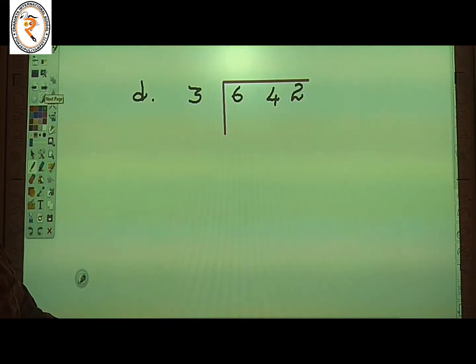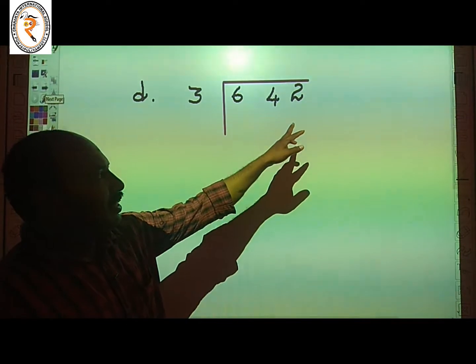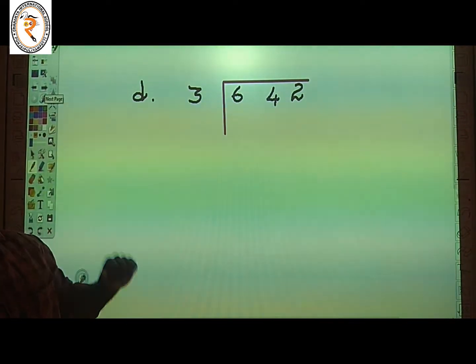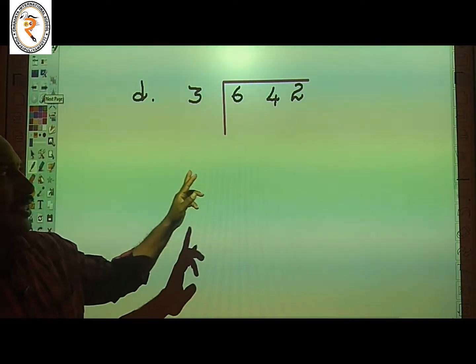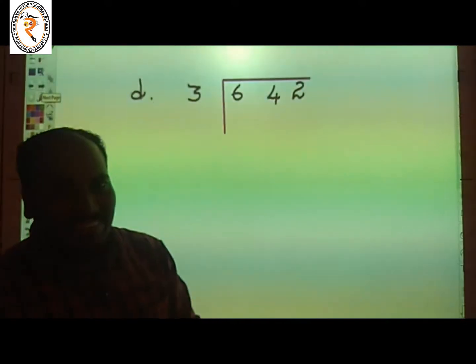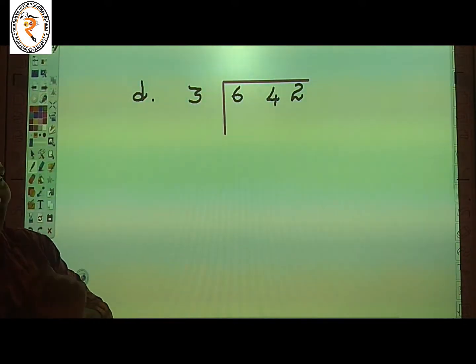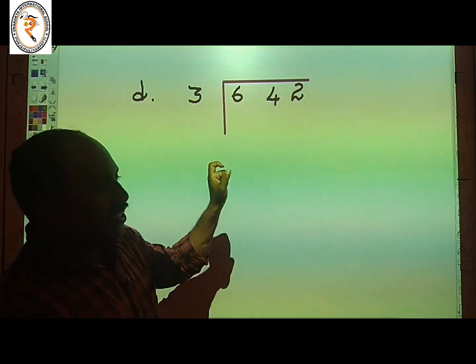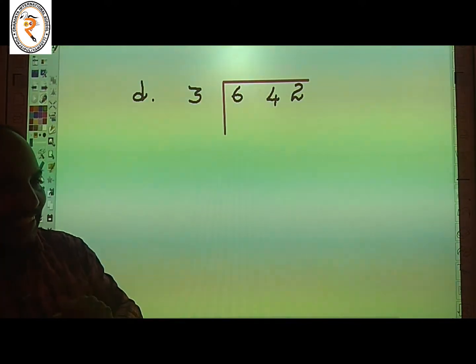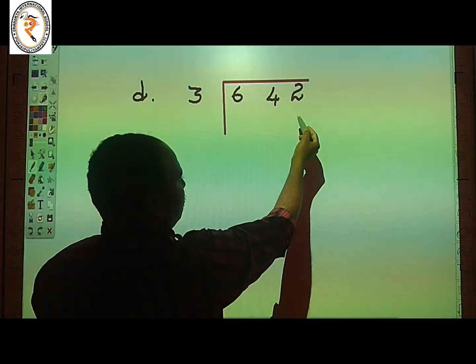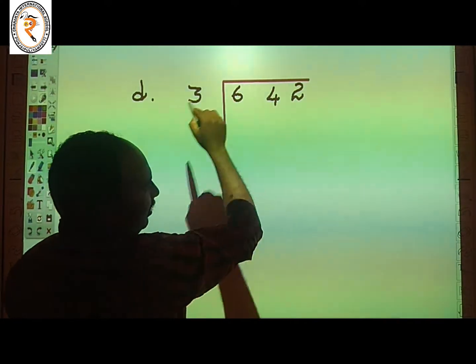Next one, D part. 642 divided by 3. 642 is the dividend and 3 is the divisor. 642 is a 3-digit number: ones, tens and hundreds.